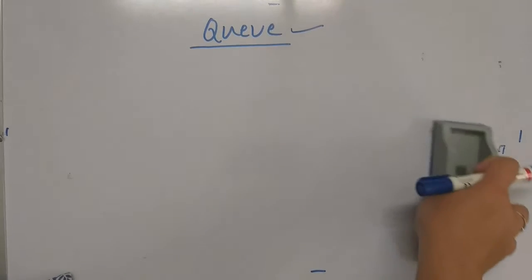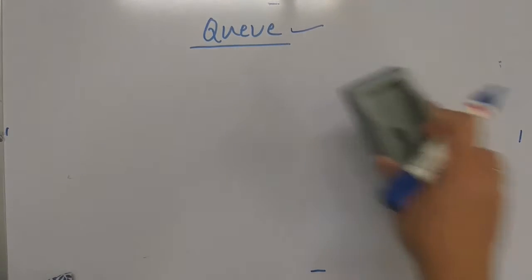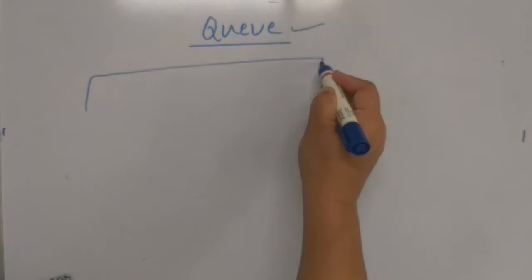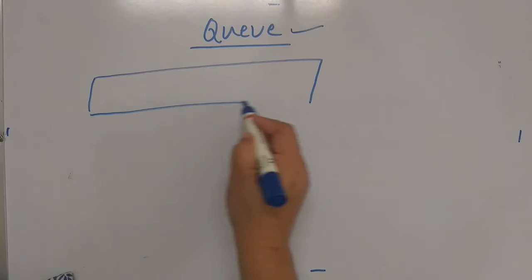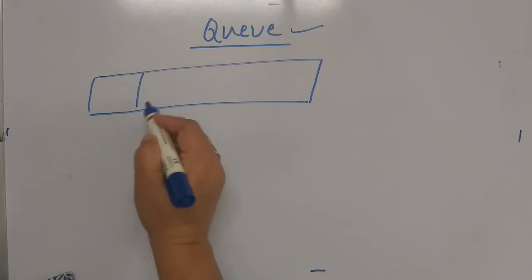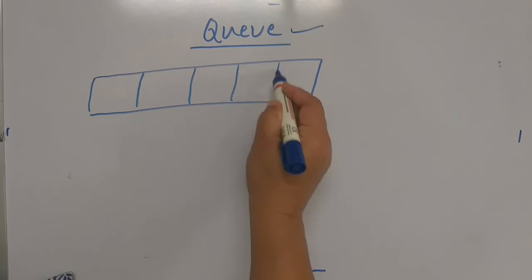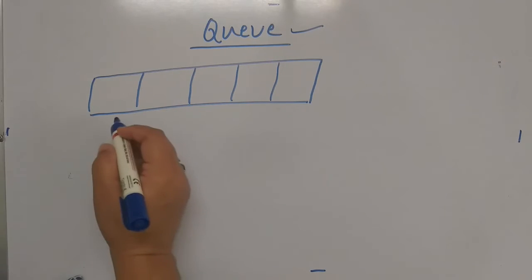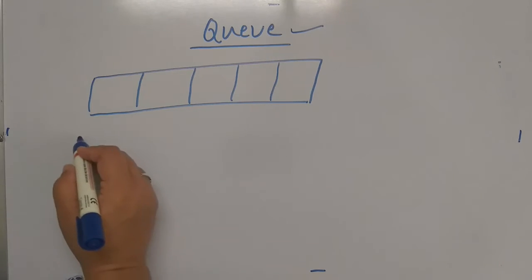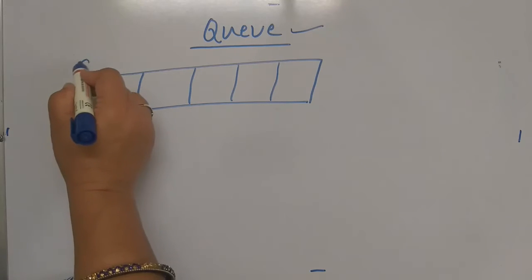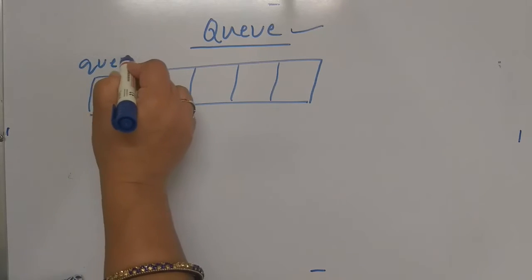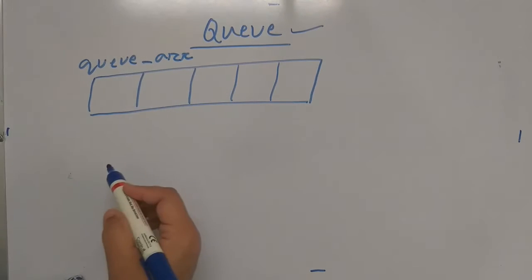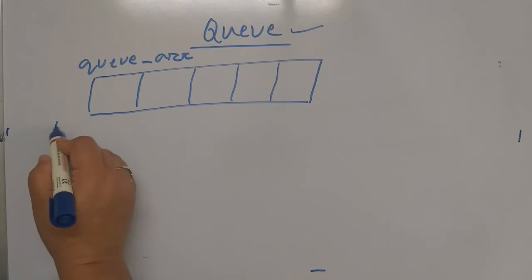So look at this example. Here I am explaining how we enter any element in the queue. Suppose this is a queue, and we want to enter 5 elements. Suppose the name of the queue is queue_ARR.